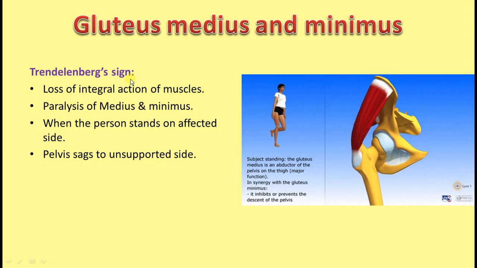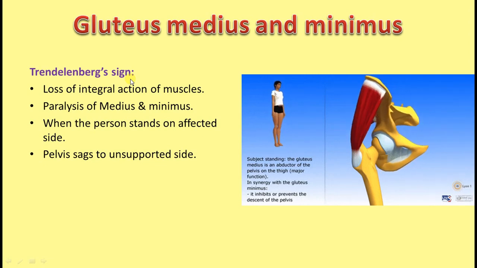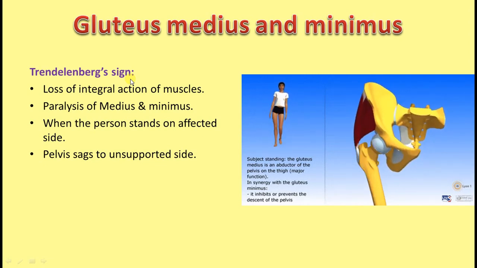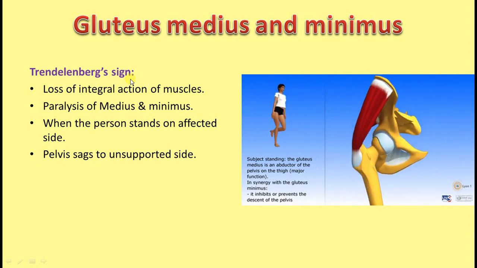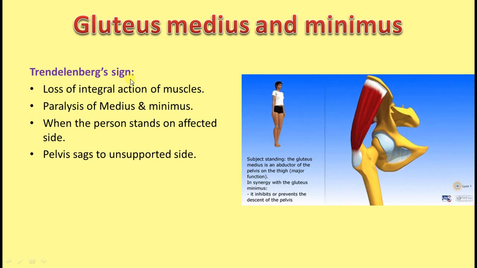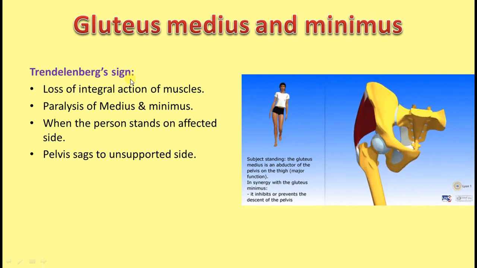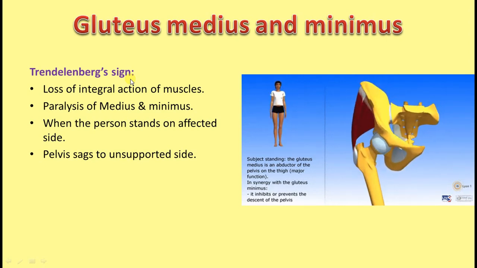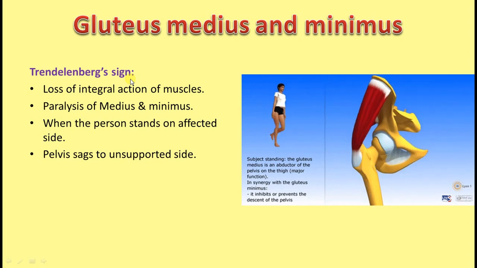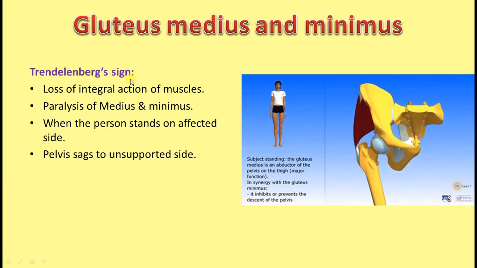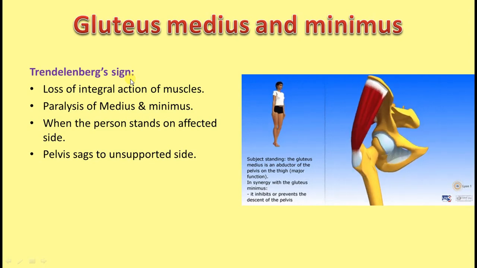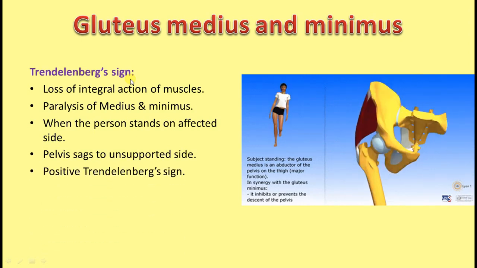Positive Trendelenburg sign means sagging of the pelvis on the unsupported side due to loss of integrity of the gluteus medius and minimus because of paralysis of this muscle. Please remember, Trendelenburg's sign and Trendelenburg's test are different. Trendelenburg's test is what we do for the veins.